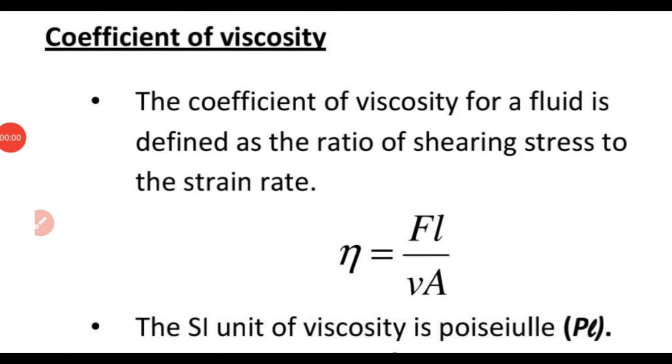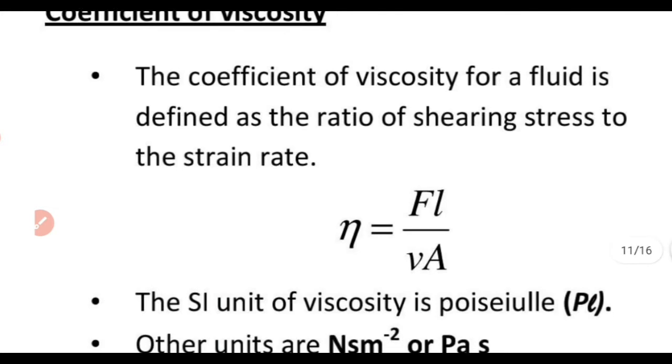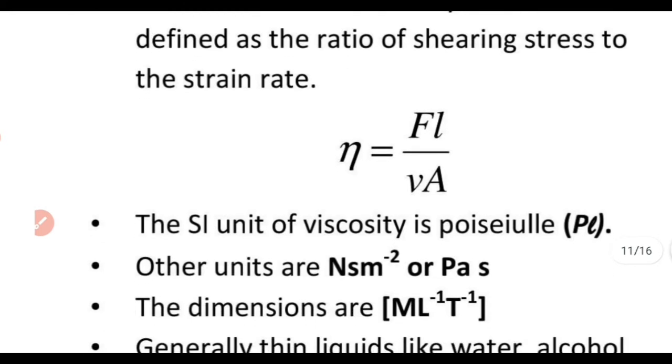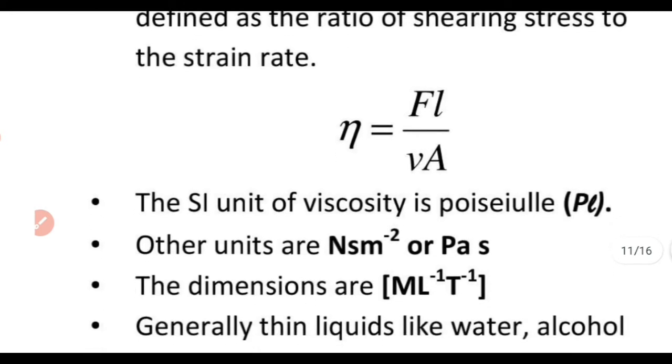viscosity. Now, the new physical quantity, coefficient of viscosity, can be defined as the ratio of shearing stress to the strain rate. Take care, it is not the stress to strain ratio, it is the ratio of stress to strain rate, the rate at which the strain is changing. From Newton's formula of viscosity, we have eta equal to FL by VA.